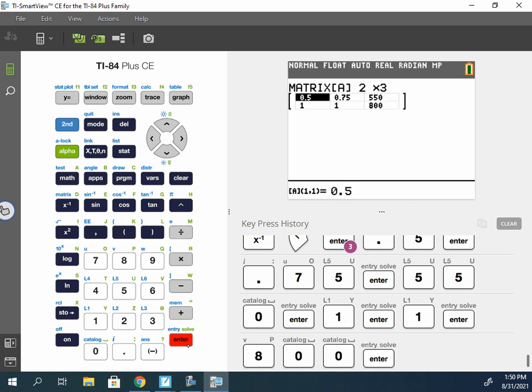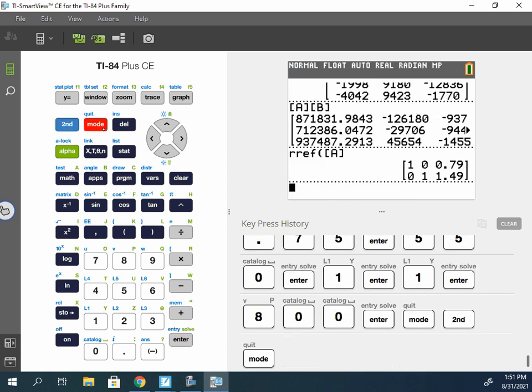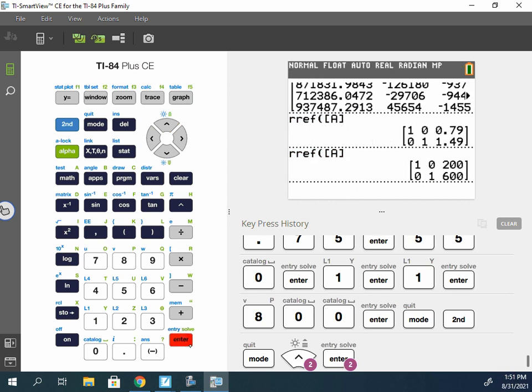And if you have those flipped, that's perfectly fine. Because it doesn't matter if we have the 1, 1, 800 on top or on bottom. Either one works. At this point, we can go second quit. And if I've typed one in before, we can pull it back down and hit enter.